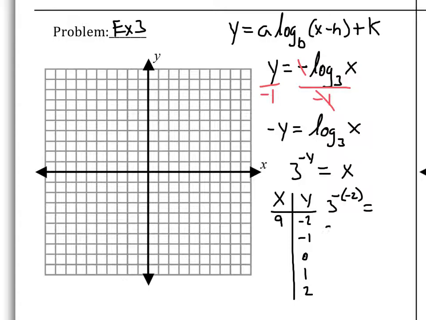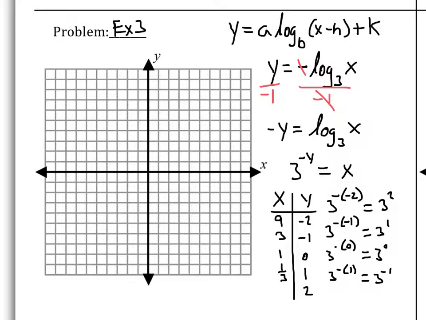Okay? And I have 3 raised to the negative 1 power. 3 to the first, which is 3. I have 3 raised to the negative 0 power. Well, there's really no such thing as negative 0. Negative 0 is just 0. And so 3 to the 0 is 1. 3 raised to the positive first power is just 3, and then 1/3, and then 1/9.